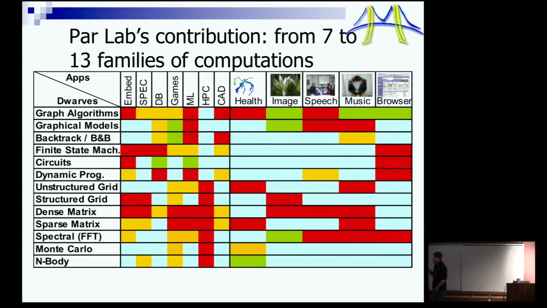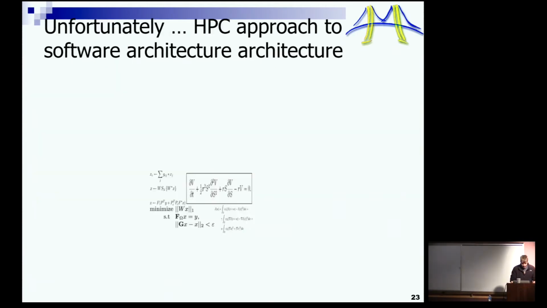So what they're doing is kind of creating a set of atomic units of computation that can be used and composed to solve these applications. But what about software architecture? So this is a great advancement in understanding computation itself. This is the computation. But what about the architecture that houses the computation?